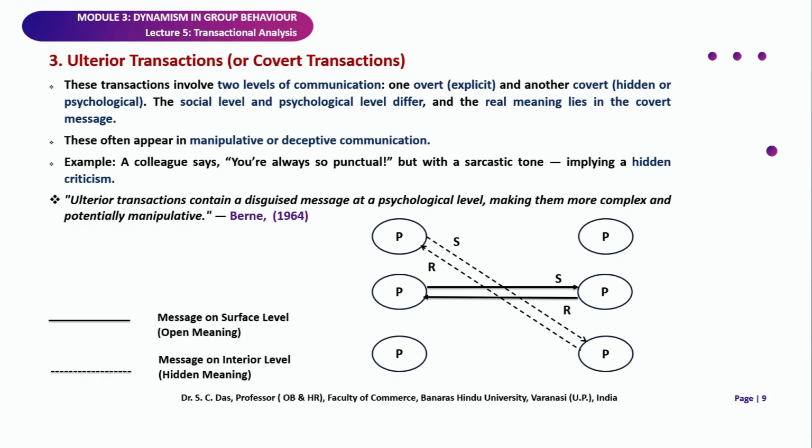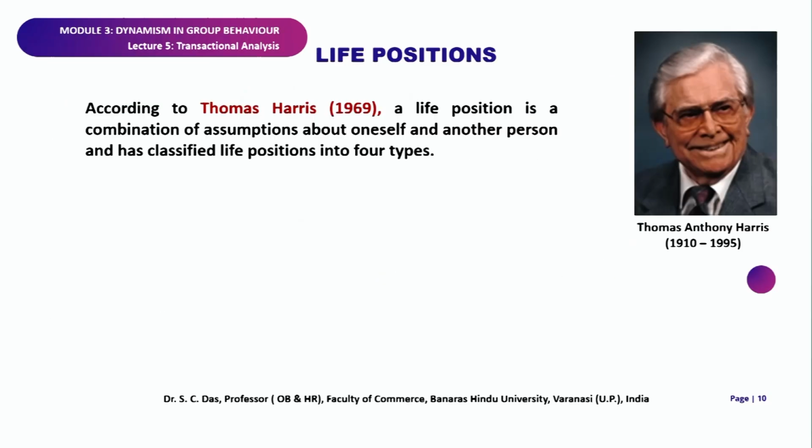The hidden psychological perspective is different. So the message at the surface level has an open meaning, and at the ulterior level a hidden meaning, some other meaning basically. By this diagram also that is very clear. I think that sometimes creates conflict among different groups of people where ulterior communication is concerned.